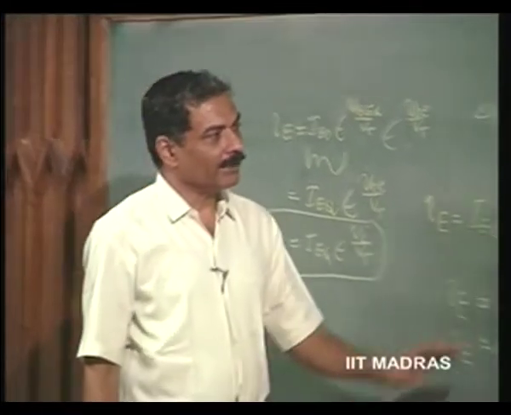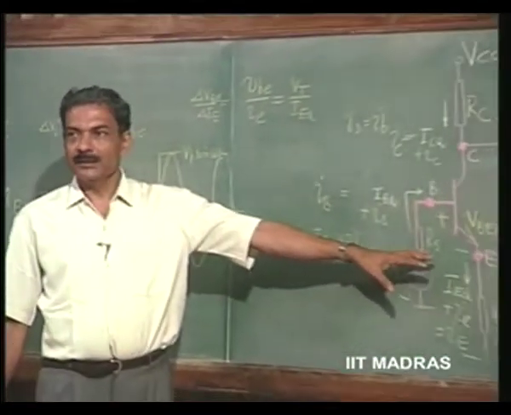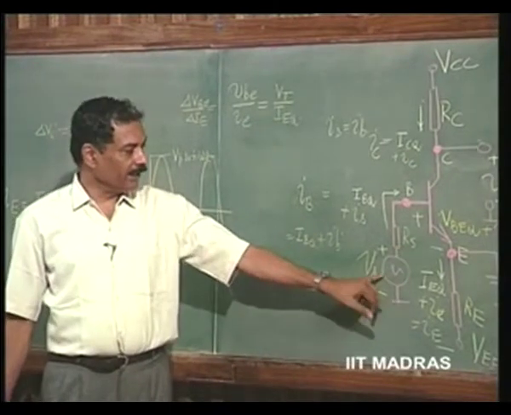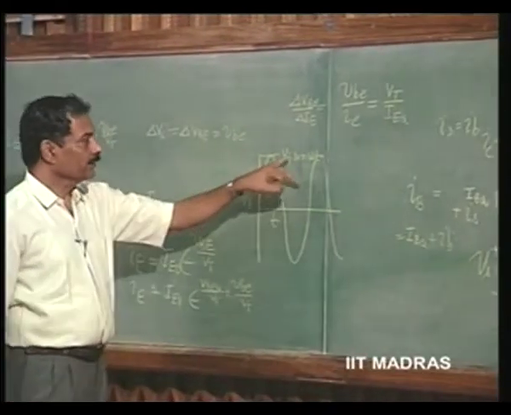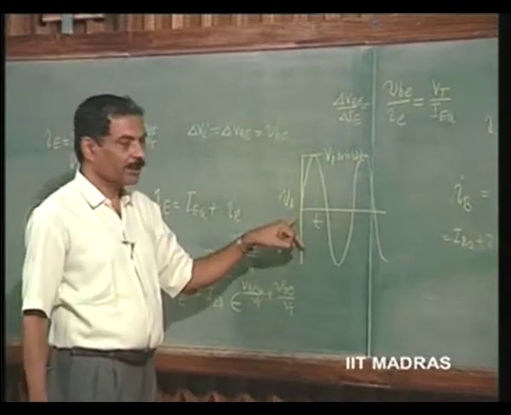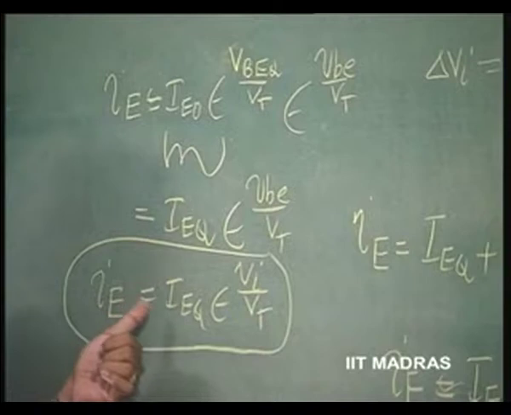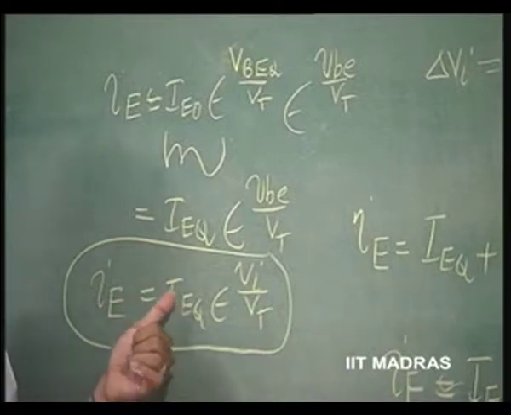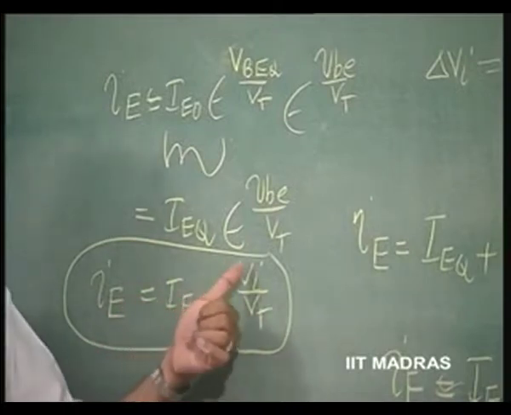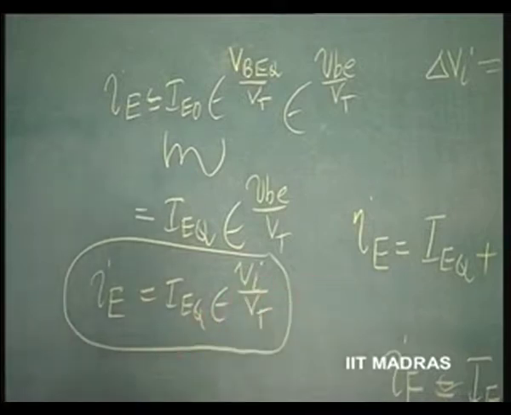So, if I make Rs equal to 0, let us say linearly, right, then make Vs equal to this Vp sin omega t this way, then this is going to be not really sinusoid, okay. It is IEQ exponent Vp by Vt sin omega t, totally nonlinear, okay.